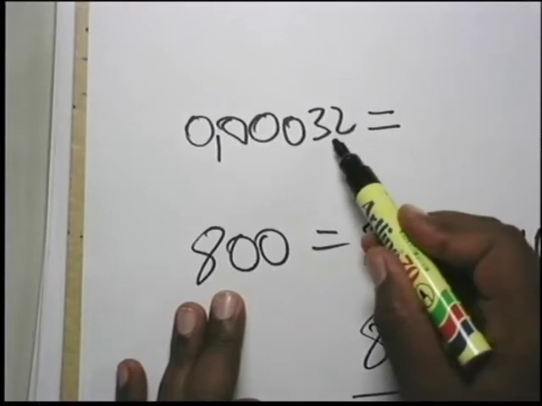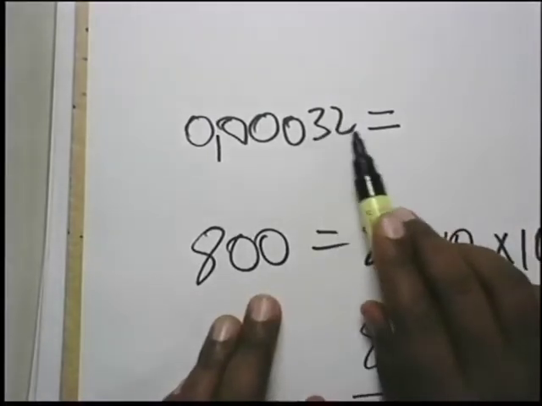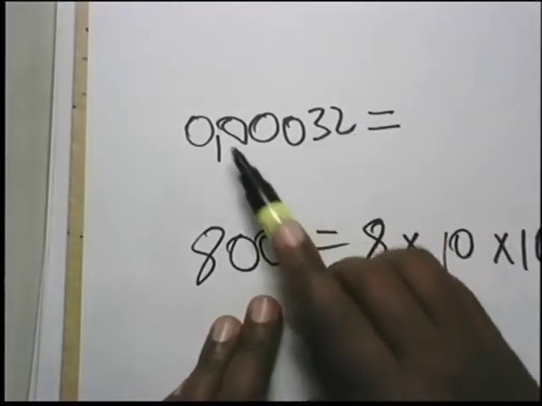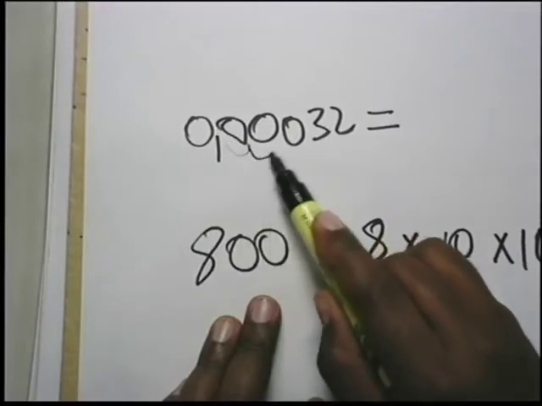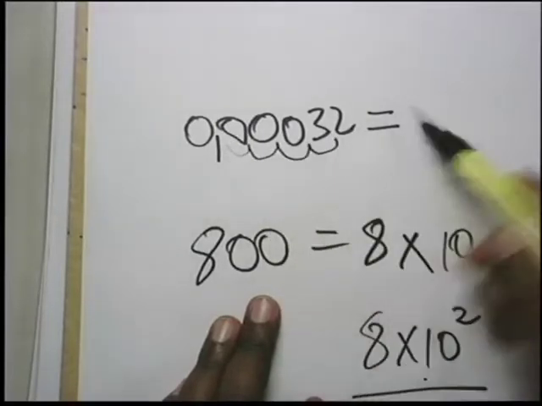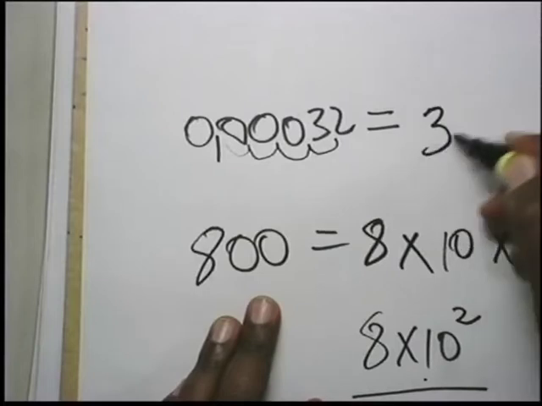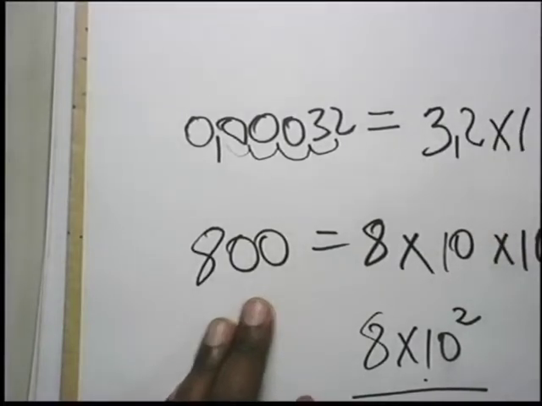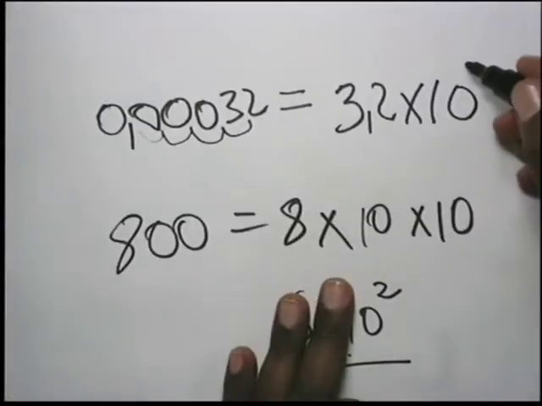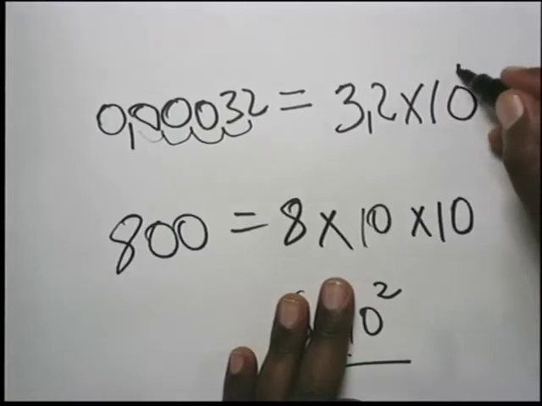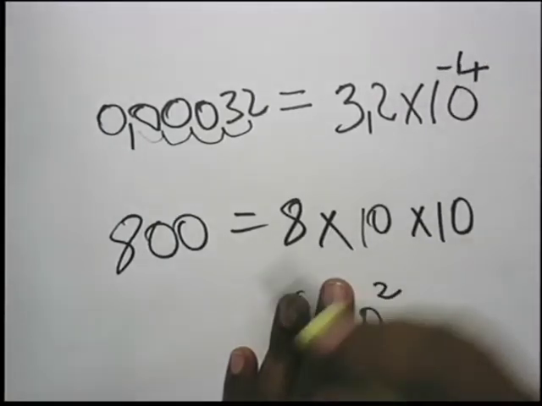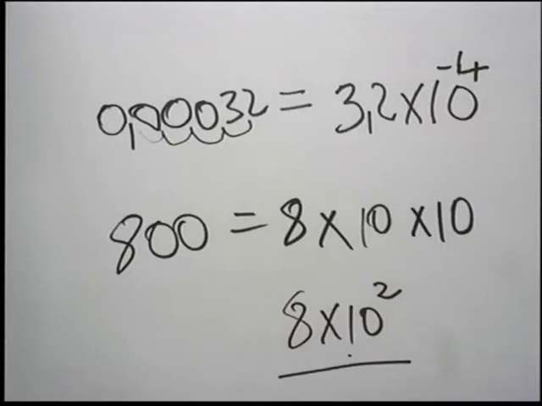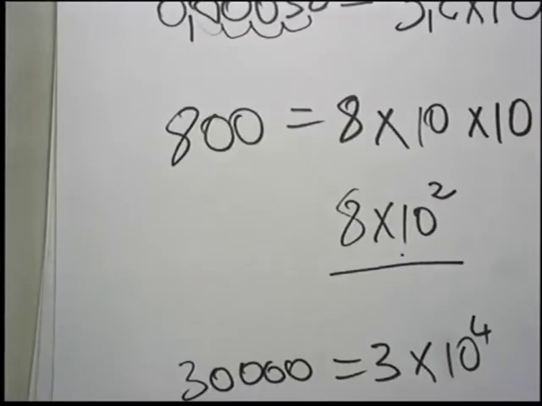So the comma has to come here between the 3 and the 2. So for it to come there, it has to move 1, 2, 3, 4. So you're going to have 3.2 times 10 to the power negative 4, because it's moved to the right. So those are the few things that you need to understand and to know how to calculate them.